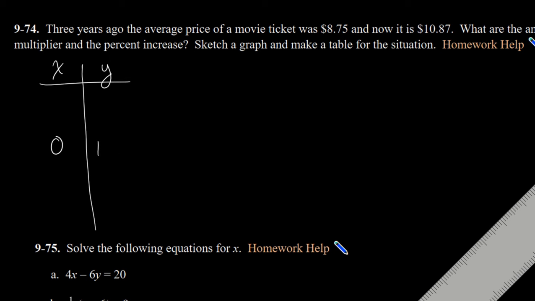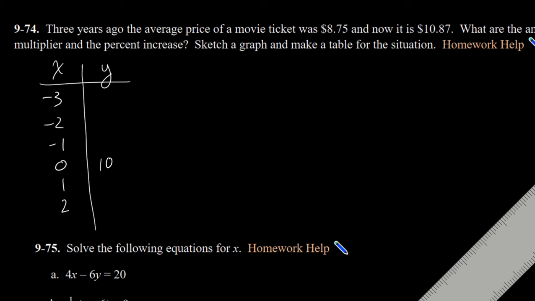It is $10.87. 1 year ago, 2 years ago, and 3 years ago, and I've left myself no room at all to do this. This is terrible. And maybe you can. I just can't. Let me try this way: negative 3, negative 2, last year, this year, next year, 2 years from now.